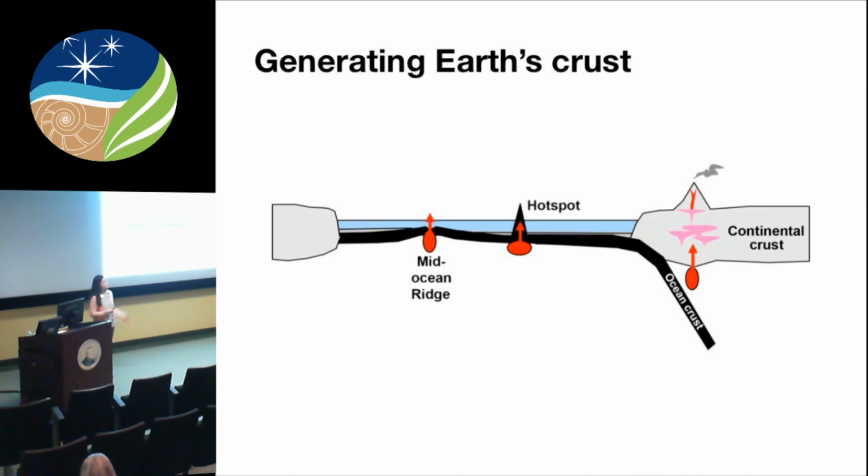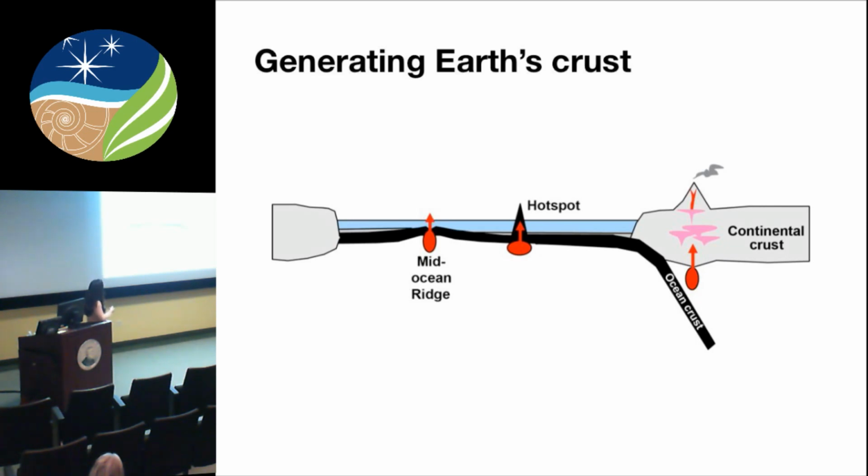When it subducts, the water and volatiles that it held because it was under the ocean for so long get released, dehydrate. That lowers the temperature of the mantle wedge, and we get melting. These melts rise up, and eventually they form the continental crust, or what we think the continental crust should look like.